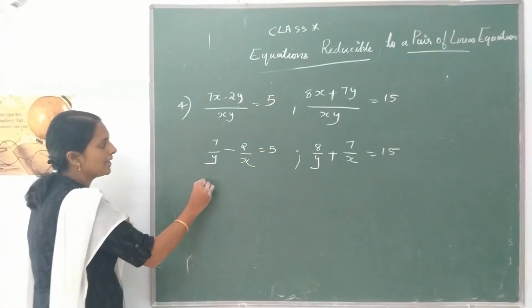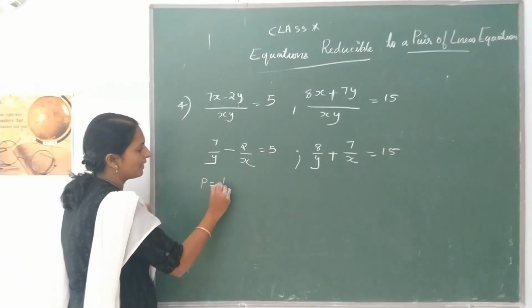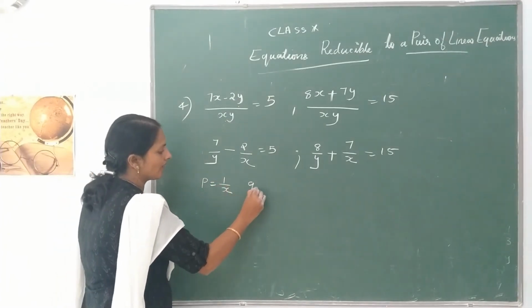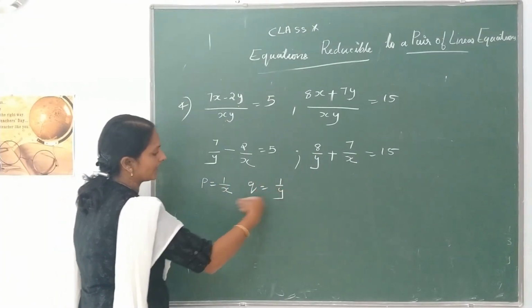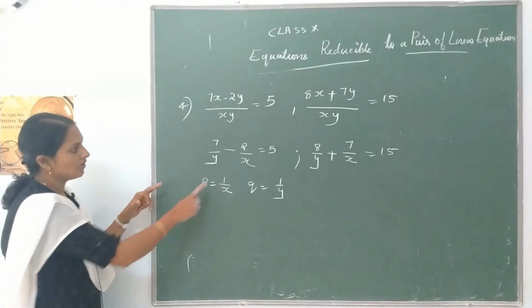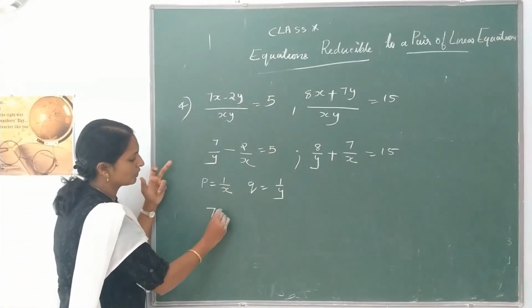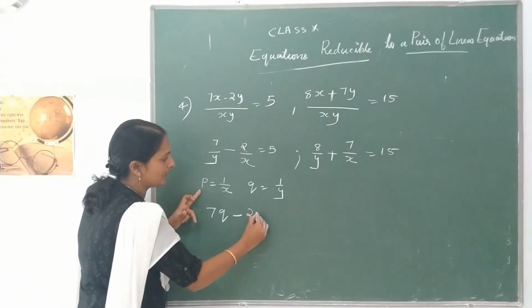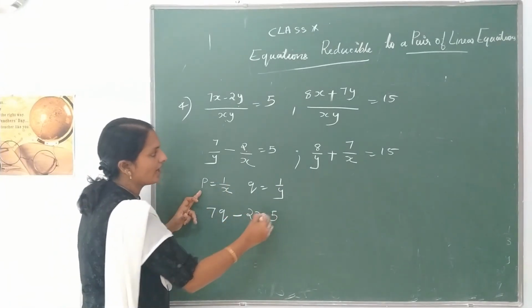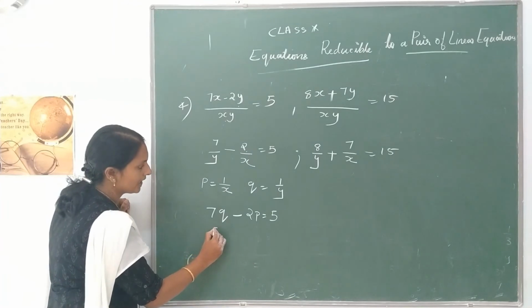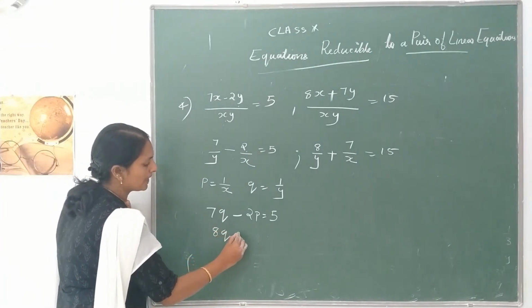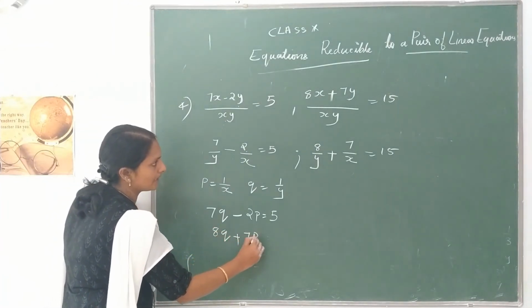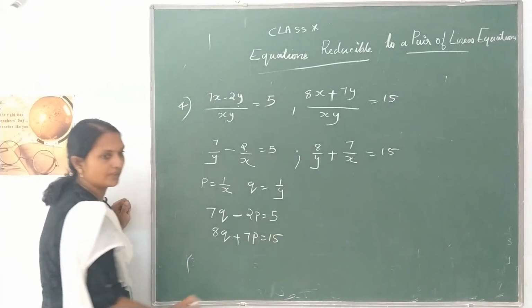Then consider P as 1 by x and Q as 1 by y, that is equal to 7q minus 2p is equal to 5 and 8q plus 7p is equal to 15.